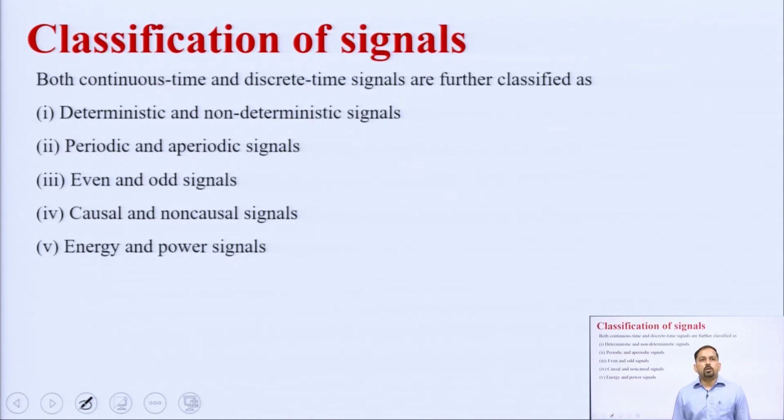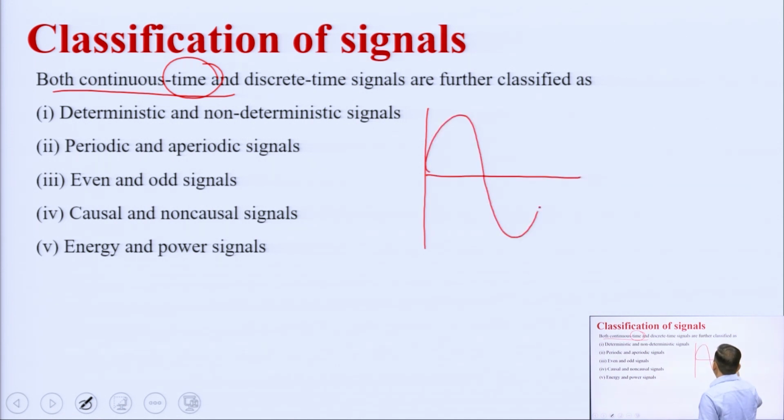Now we will see the classifications of signals. The first important classification of signals is continuous time signals and discrete time signals. This is a classification based on the time scale. A signal has two attributes, one is the amplitude and one is the time.